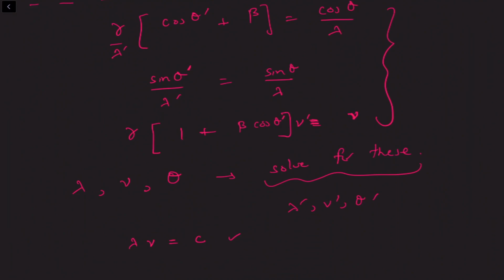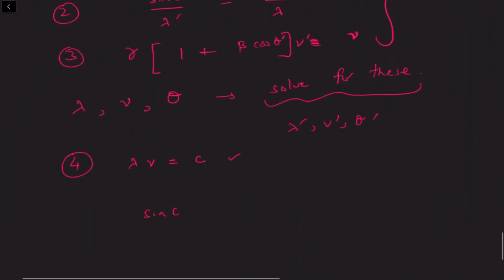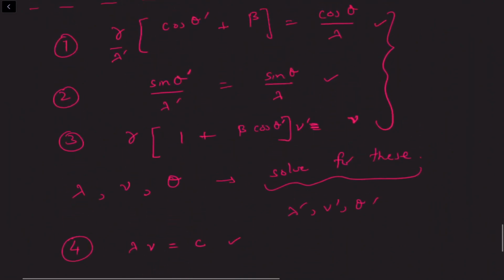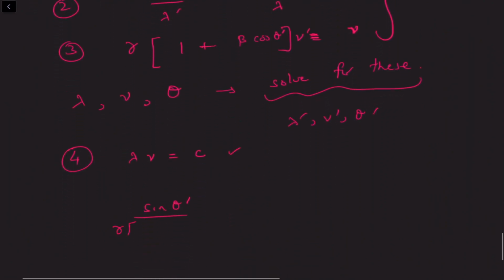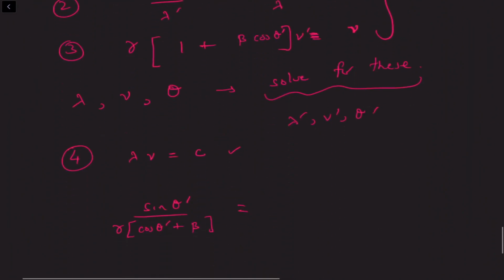Okay, so what we can do is, let's just number these equations. So 1, 2, 3, and 4. So to solve for theta prime, we can just simply divide equation 2 by equation 1. And what that gives us is sine theta prime over gamma times cosine theta prime plus beta is equal to tan theta.